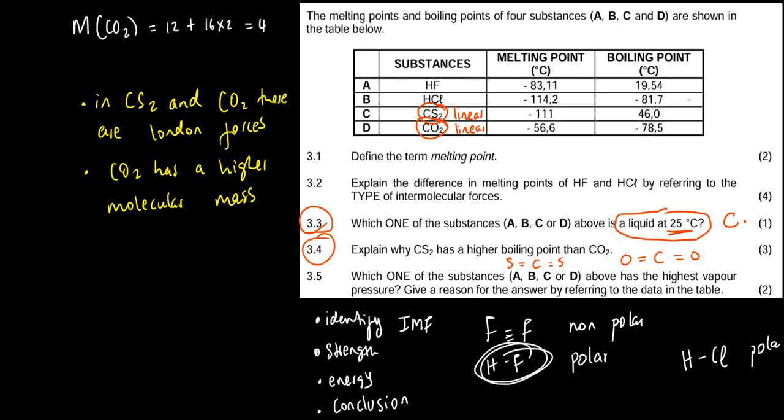Then when you check the molar mass of CS2, it's 12 plus S, is it 32? Sulfur. What is the molar mass of sulfur?